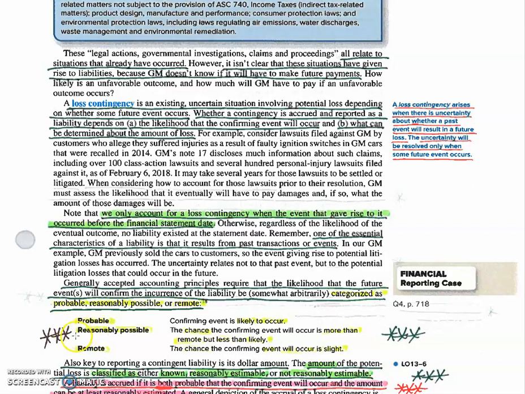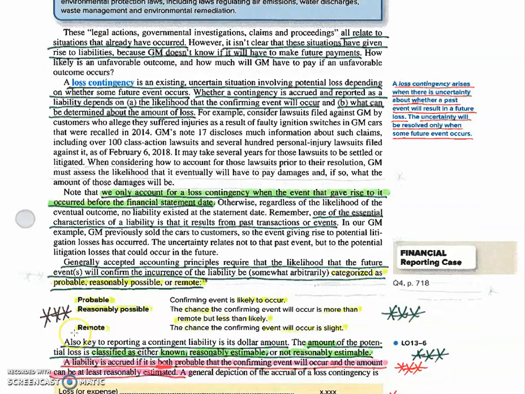Reasonably possible is probably anything in the range of maybe 25 to 75 or 80%, and remote would be something where there's probably less than approximately 25% chance that it will occur. Now those chances are things we just make up, but that's the philosophy there.